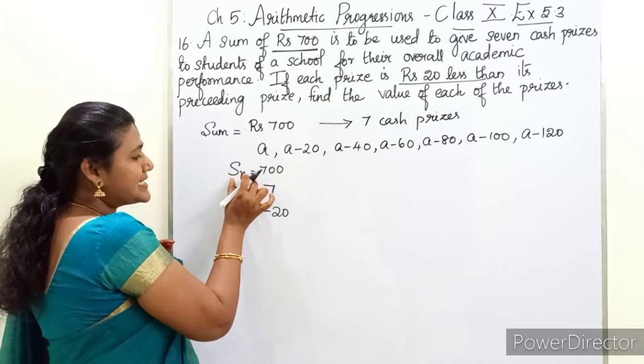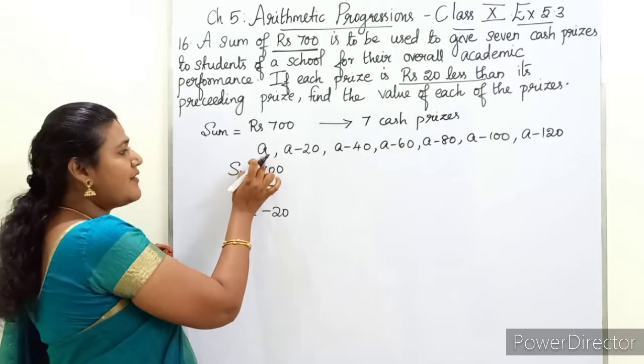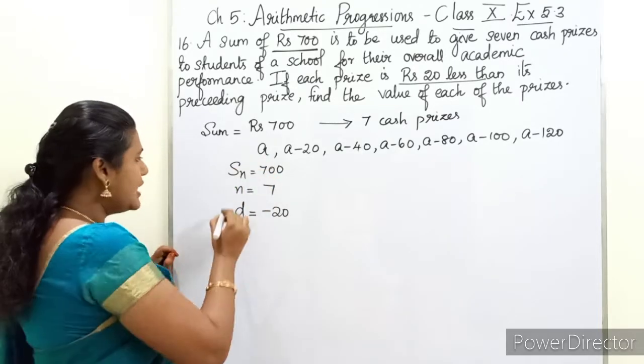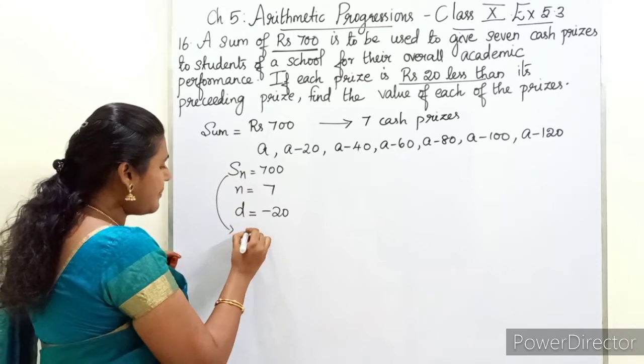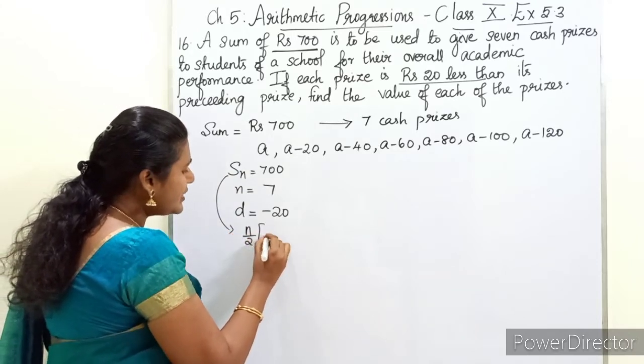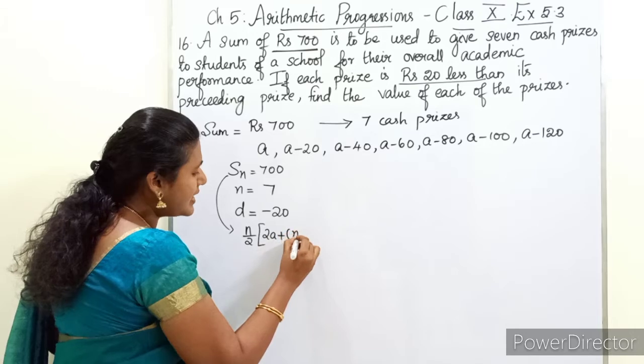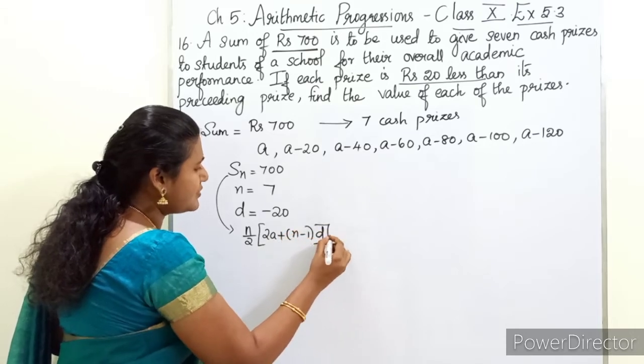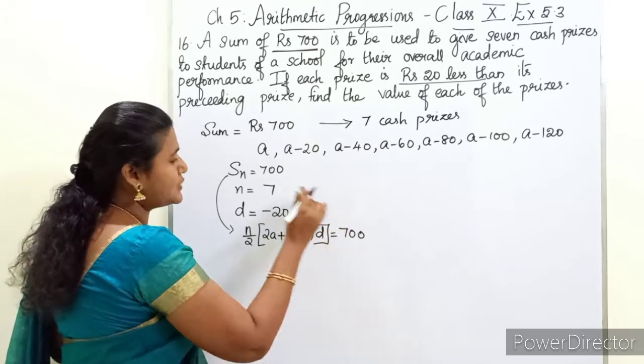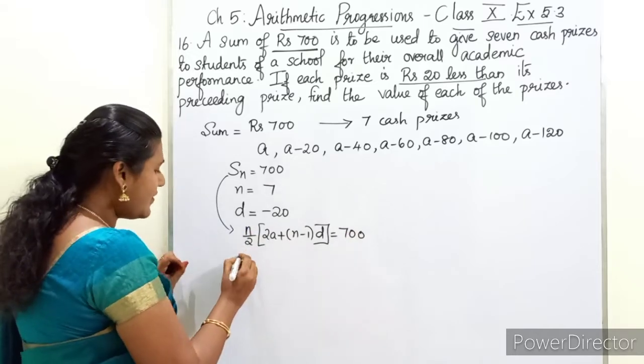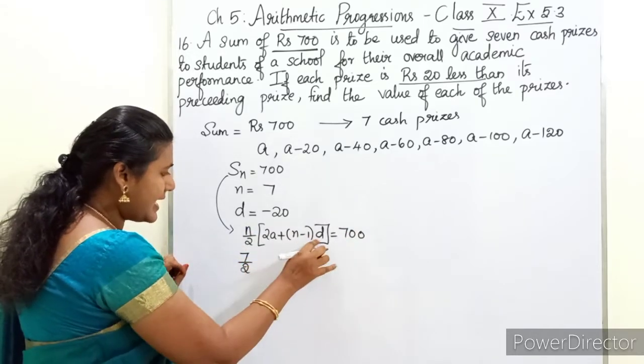Now we will use the Sn formula. From the Sn formula we are going to find the value of A. So what is the Sn formula? n by 2 into 2A plus n minus 1 into d, which is equal to 700, as given in the question. Now we will substitute the values of n and d.